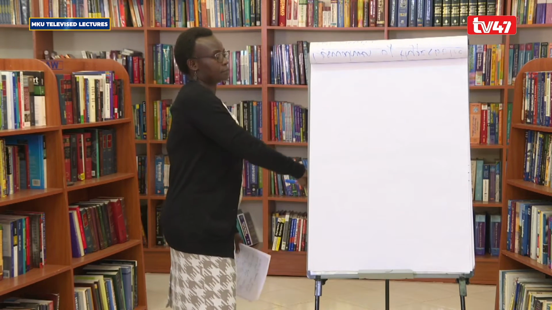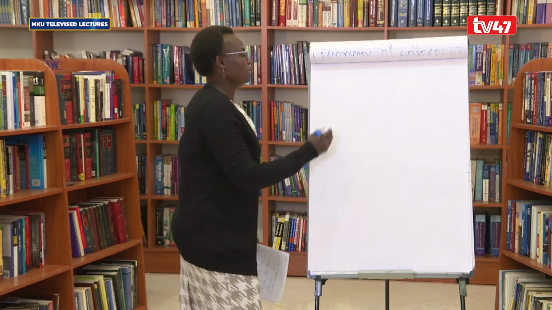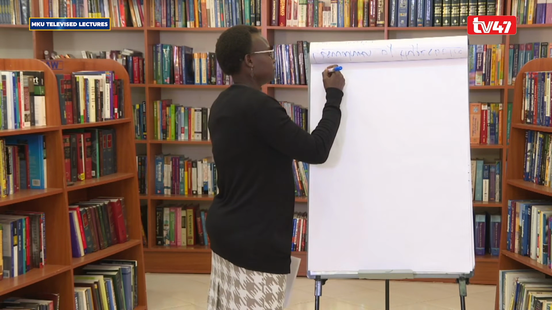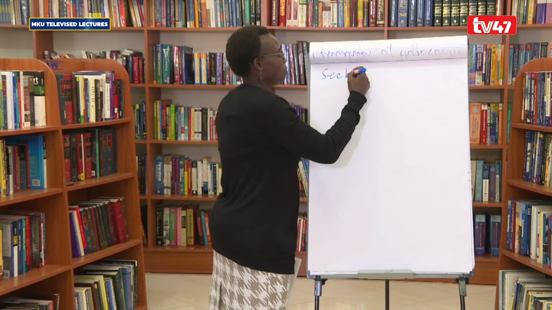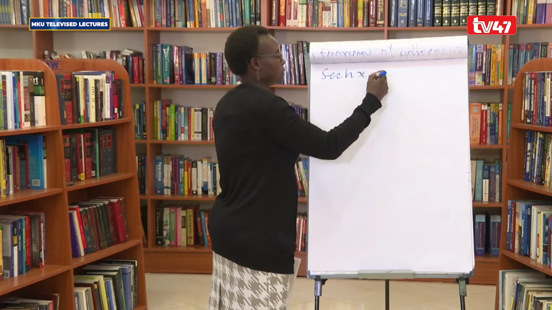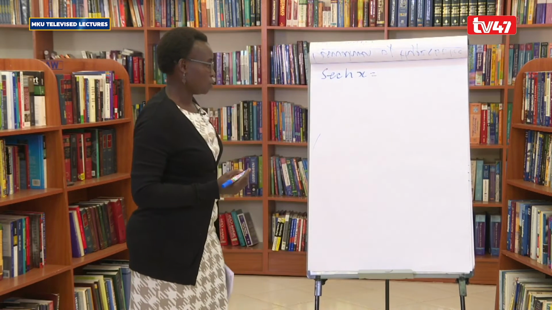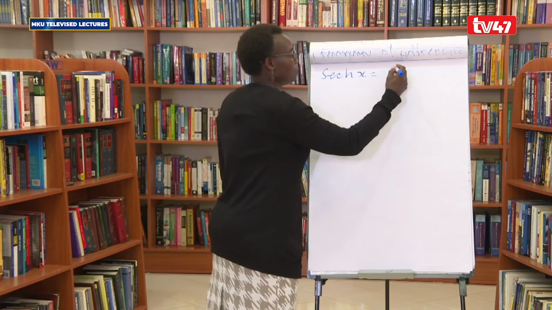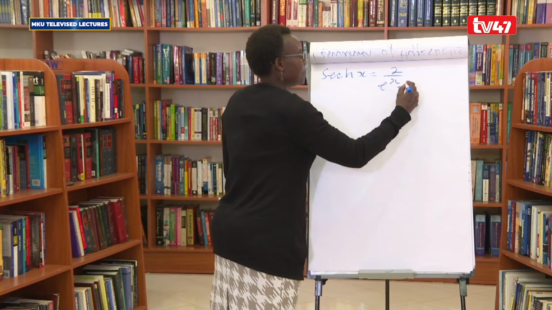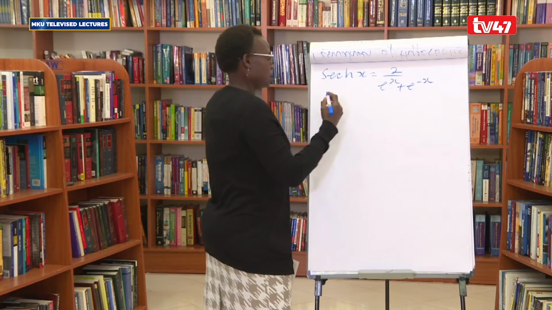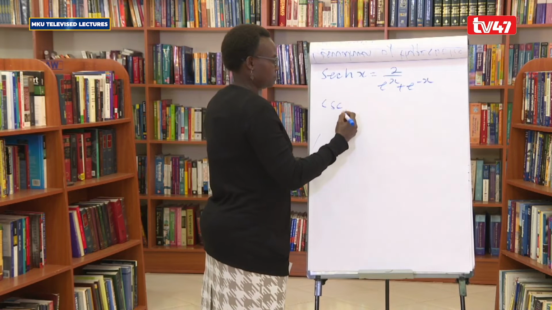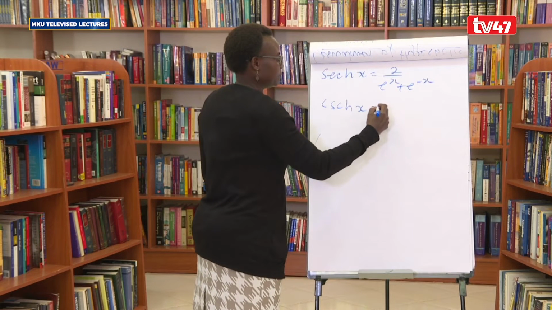Then sec hyperbolic x, sec is 1 over cos, so that would give us 2 over e to the x plus e to the negative x, and then we have cosec hyperbolic x.